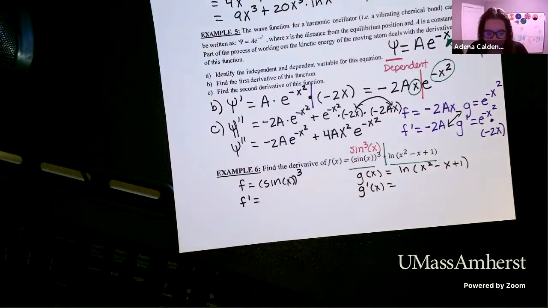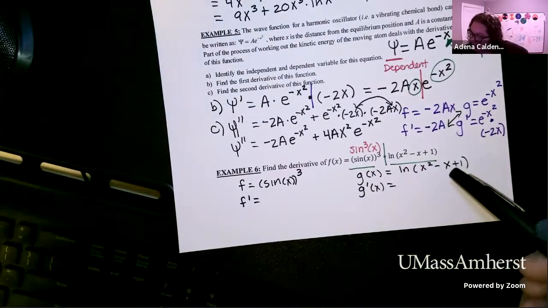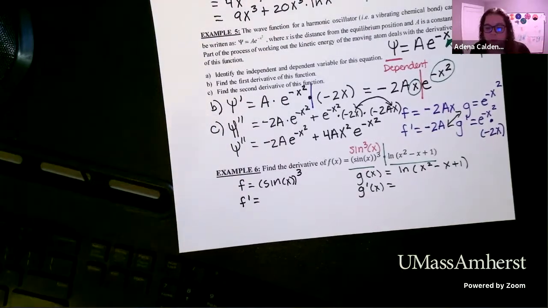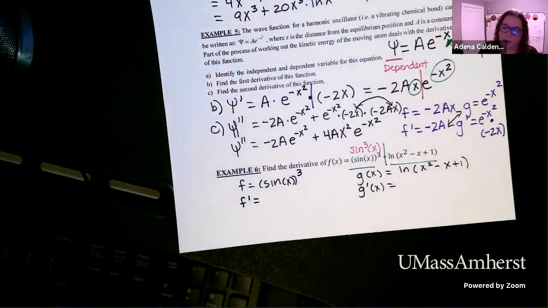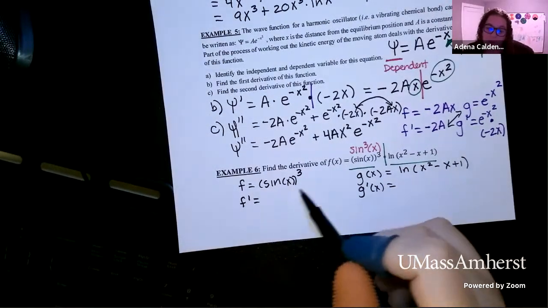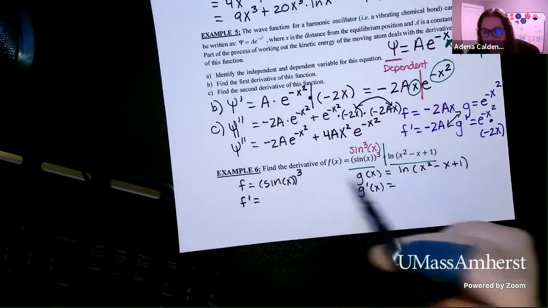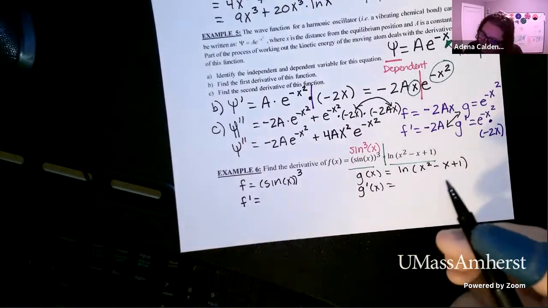Okay. That being said, we want to separate our two functions. So you have sine of x cubed and the natural log of x squared minus x plus 1. The first one I'm calling f and the second one I'm calling g. Now, in order to get f prime, I need to do a chain rule here. I see that I have a variable in the base and it's raised to a power, so I'm using the power rule form.